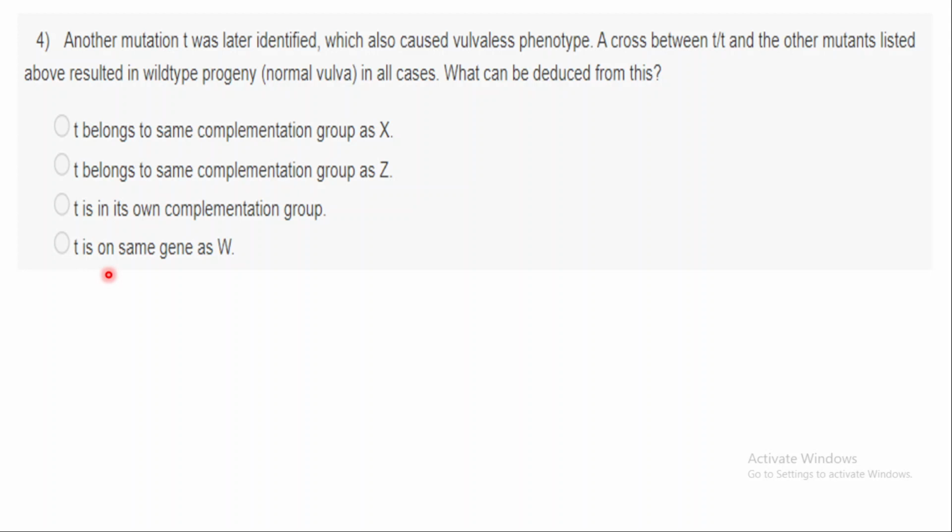If you need the table, I can show you the table, but I think you will be able to solve it verbally if you are clear about complementation concepts. Let me know in the chat box what you think is the correct answer.